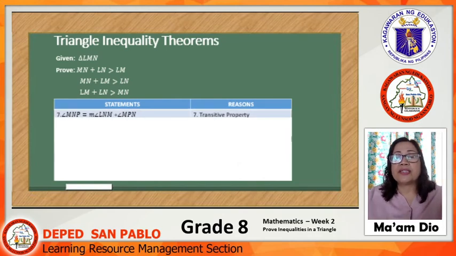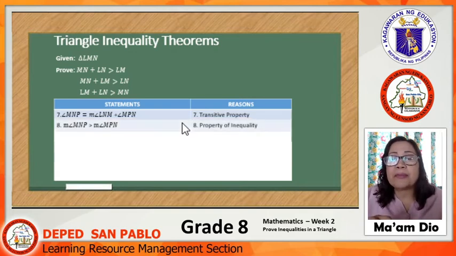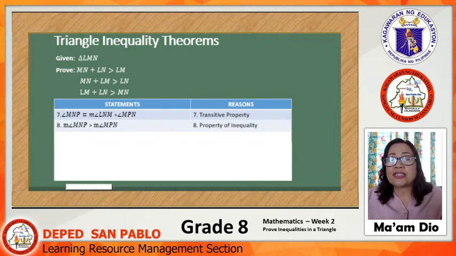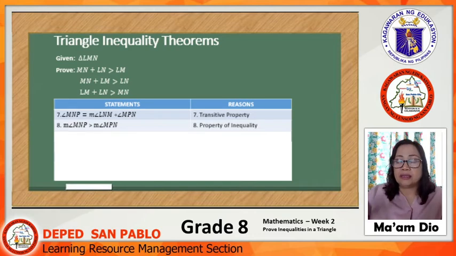Statement number 7 says angle MNP is equal to the measure of angle LNM plus the measure of angle MPN, by the transitive property of equality. Then number 8 follows that the measure of angle MNP is greater than the measure of any of its parts, which is the measure of angle MPN, by the property of inequality.